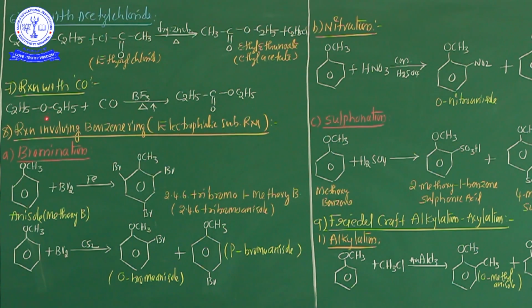Diethyl ether reacted with carbon monoxide in the presence of boron trifluoride, BF3, on heating gives C2H5COOC2H5, ethyl propanoate. Why is it called that? This part is ethyl, and the acid part has 1, 2, 3 carbons, so it is propanoate.